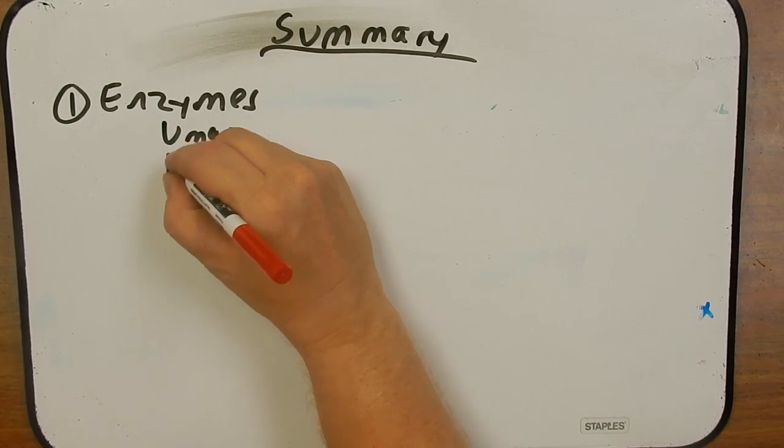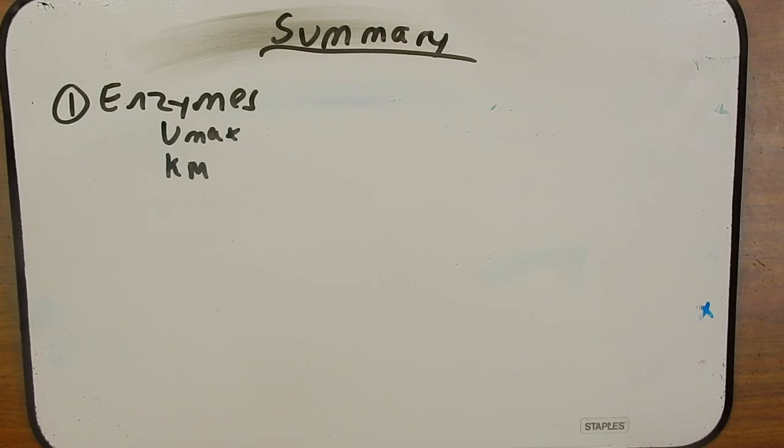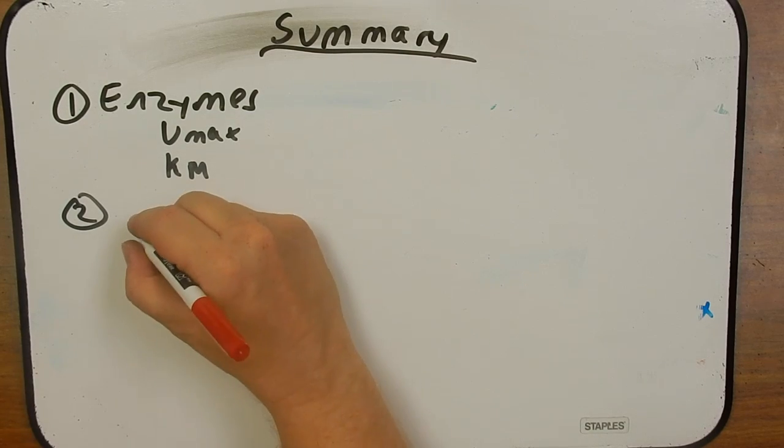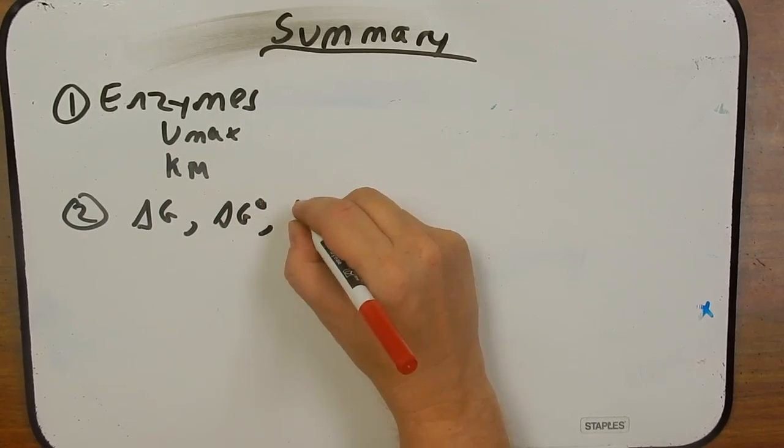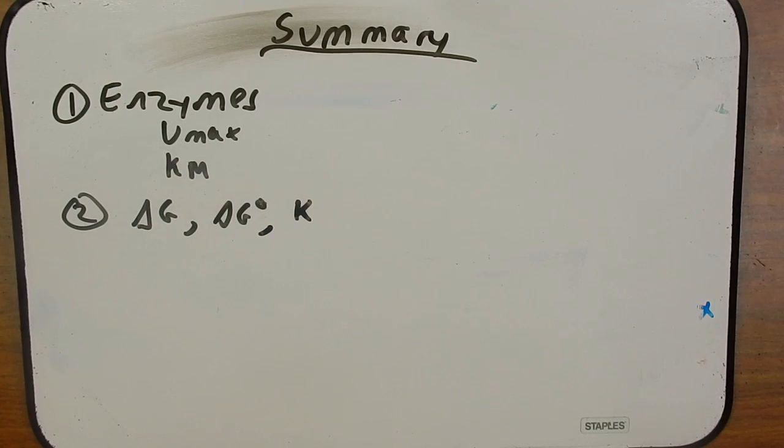We also talked about Km and how the Km is the concentration of substrate where half of the active sites are filled, so half of Vmax. And these are important terms when we're starting to compare enzymes. We then spent quite a bit of time talking about delta G, delta G0, equilibrium constants, and how we use these to define reactions.